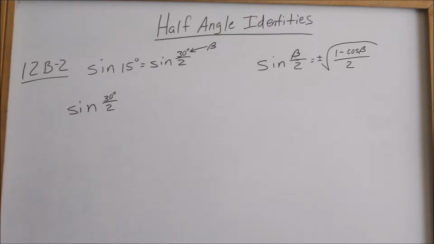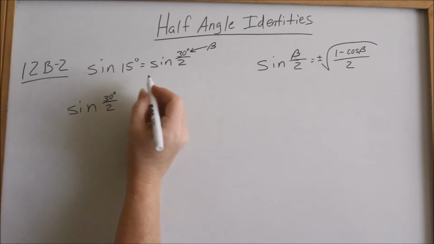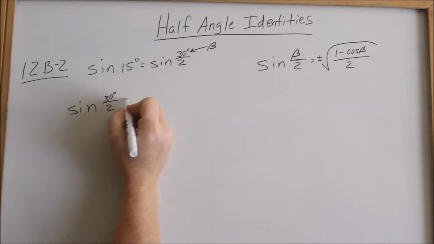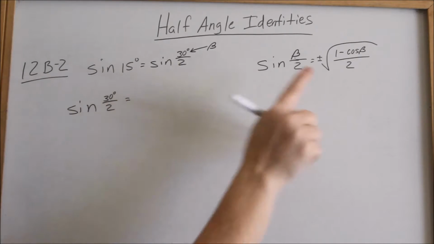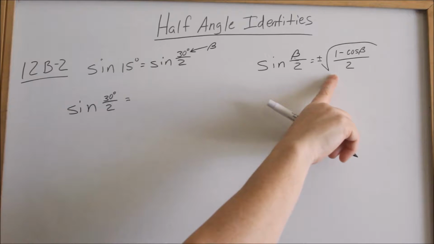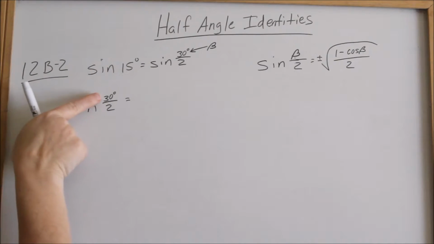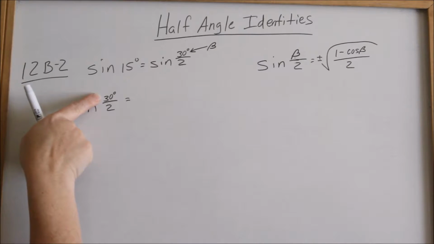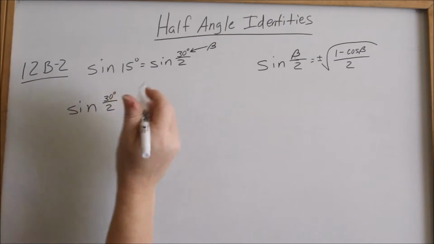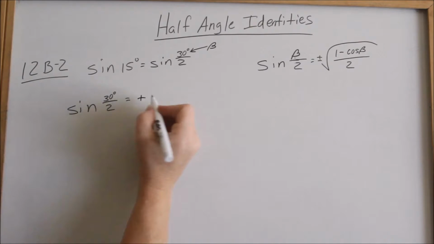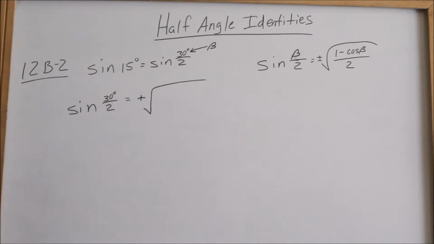Even though 30 degrees is a special angle, we're going to use our calculator and get decimal values for these trig values. I'm going to use this half-angle identity formula, and 30 degrees is in quadrant 1, so everything is positive and I use the positive sign in front of my radical.